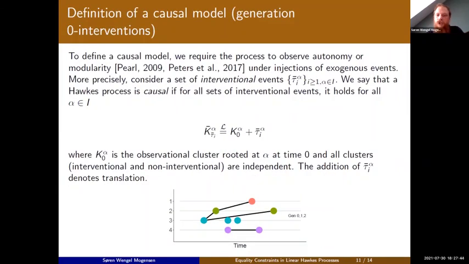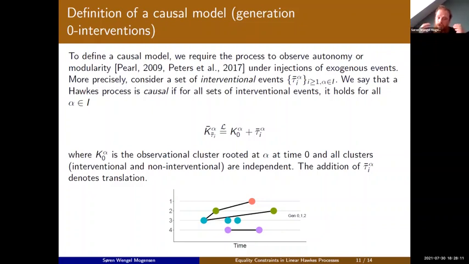Okay, so towards the end of my talk, I'll sketch one way to define a causal model in this model class. And I think it's a very simple and very neat way of doing it. So I defined the linear Hawkes processes by a constraint on how their intensities should look.